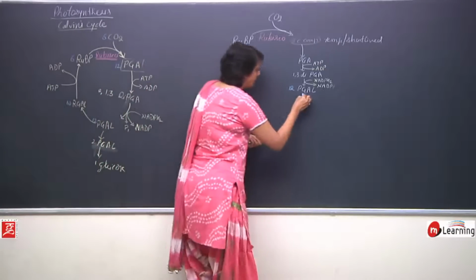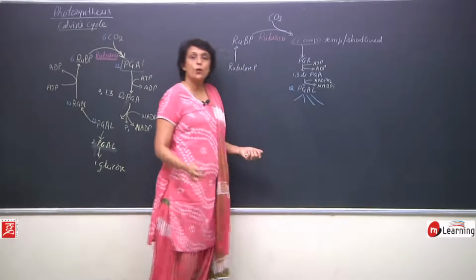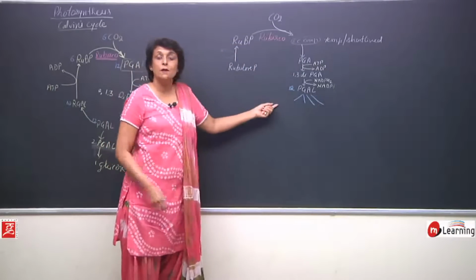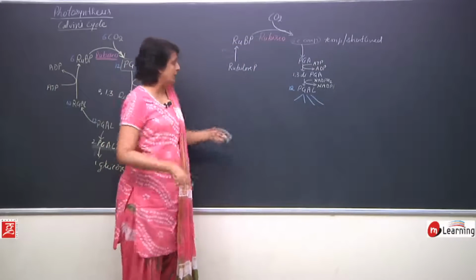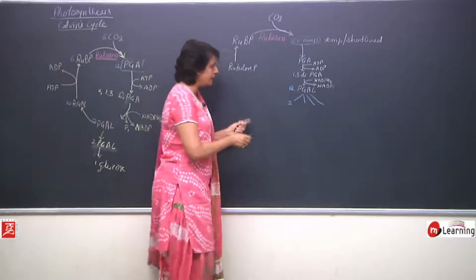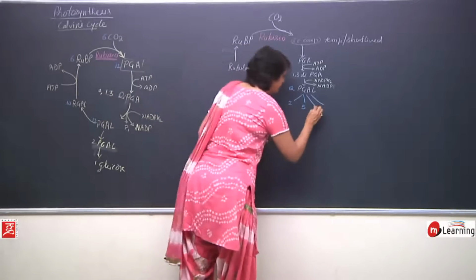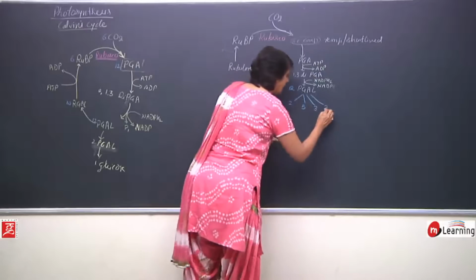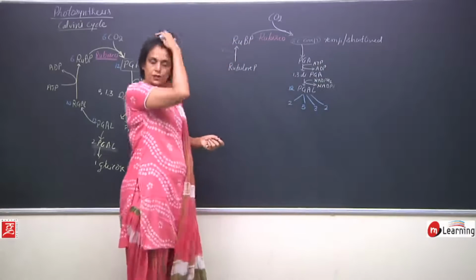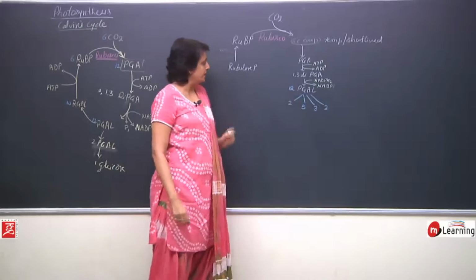They separate into 4 different groups, or groups in the sense now they will participate in different pathways. 2 molecules will participate in a different manner, 5 will participate in some other manner, 3 in some other manner, and 2. So this total is 12 aldehyde molecules.